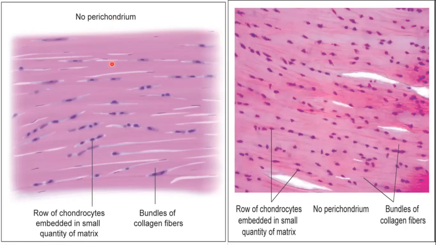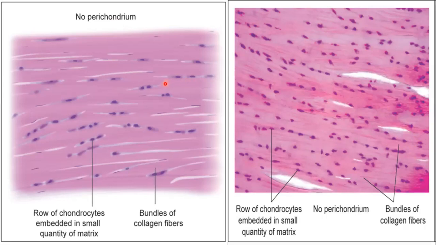And please don't confuse fibrocartilage and dense regular connective tissue, and also some people confuse it with smooth muscle. Please, I want you to look at the differences between those three. If I give you a smooth muscle, you will be able to differentiate it from dense regular connective tissue and also from fibrocartilage.